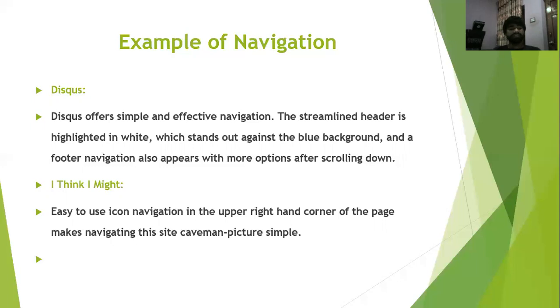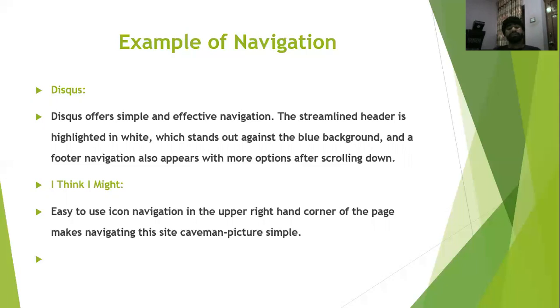And a second example: I think I might. Here it means I am not completely sure what I am thinking or what I am applying on anything. So I think I might, it means maybe or might not. So an easy to use icon navigation in the upper right hand corner of the page makes navigating this site simple, like a caveman, a man who resides in the caves in the mountains.